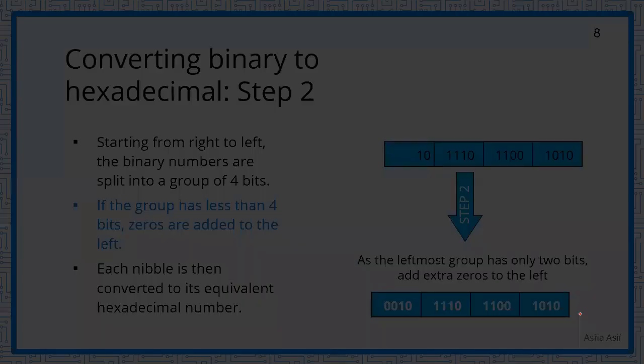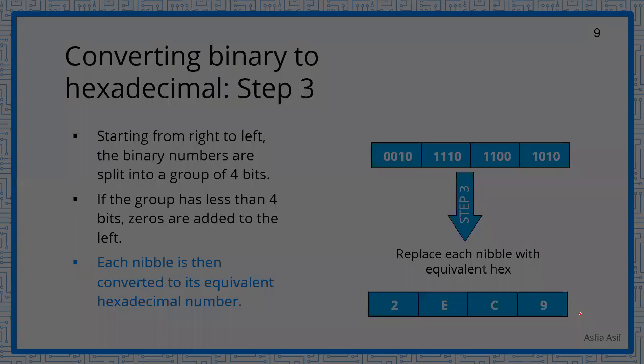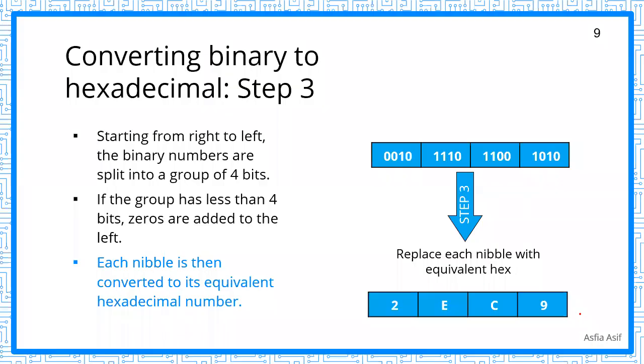DE anyways, 2E, C, 9. 8 plus, sorry, we are making it wrong. The place value is 1248. So 8 plus 2 would be 10. This should be 10 over here.